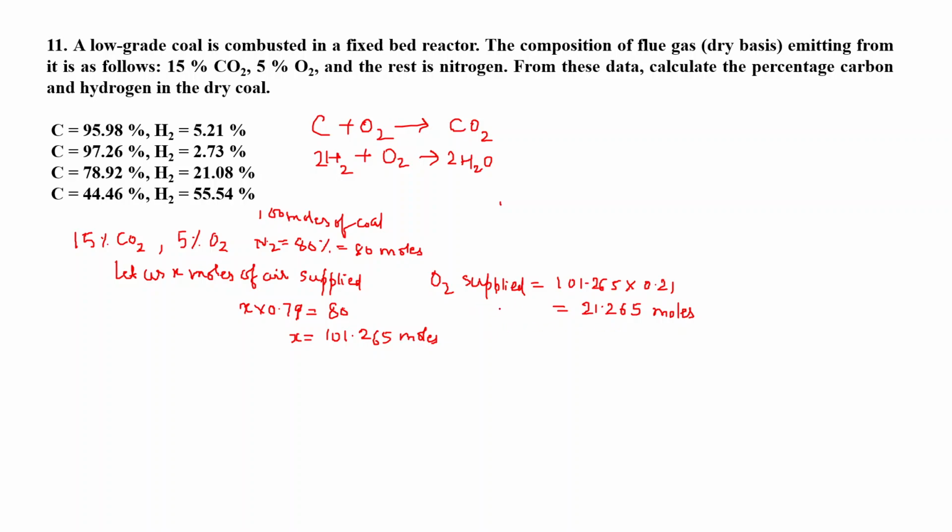This is the amount of O2 supplied, but consider the O2 used in combustion. It is given here that we have 5% oxygen after combustion. That is the flue gas emitted. The flue gas after combustion consists of 5 moles of oxygen.